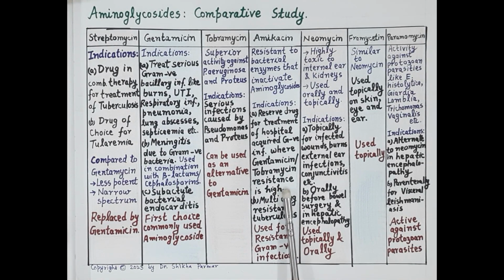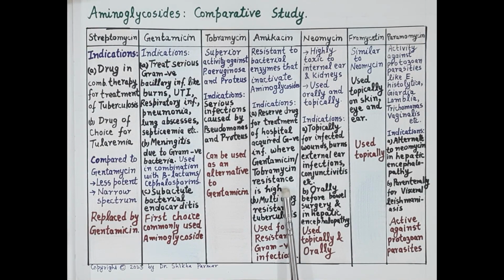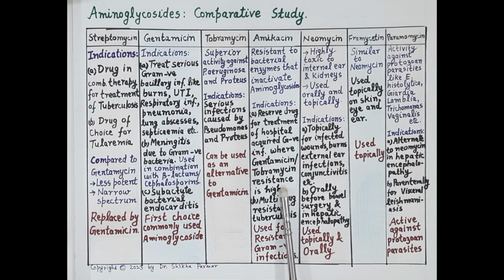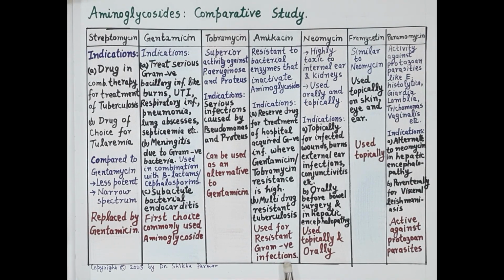So, it is used in those infections which are resistant, because it is active against resistant gram-negative strains. It is also used in the treatment of multi-drug resistant tuberculosis. So, amikacin is used for resistant gram-negative infections where gentamicin or tobramycin cannot be used.